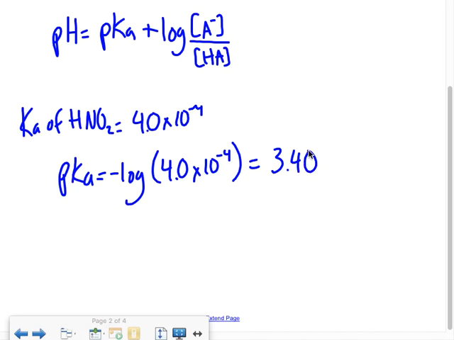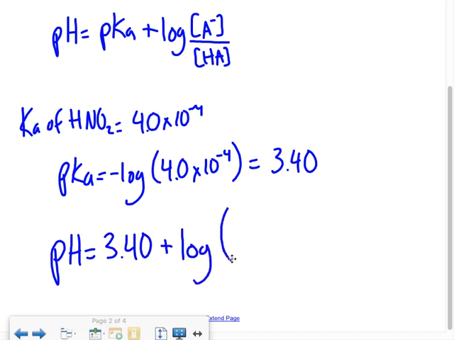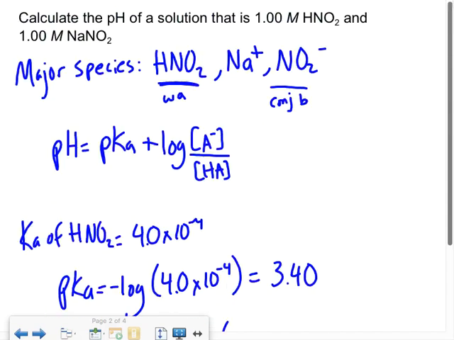So the pH of this buffered solution is going to be equal to the pKa of the acid in the buffer, so 3.40, we just figured that out, plus the log of the ratio of the base concentration to the acid concentration. Our base is NO2-, which comes from NaNO2, and because there's 1 mole of NO2- ions in every 1 mole of NaNO2, the molarity of NaNO2 is equal to the molarity of NO2-.